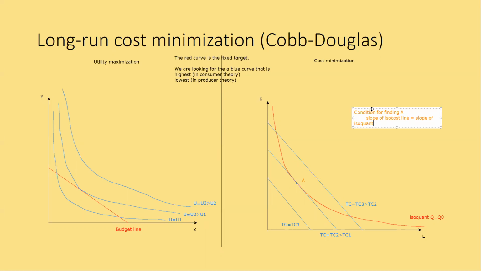Because only when they are tangent will this point A minimize our total cost. And we explained why this is the case graphically in consumer theory already. And we are going to also combine this with the fact that A must be on the isoquant.